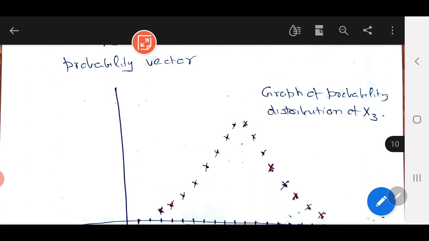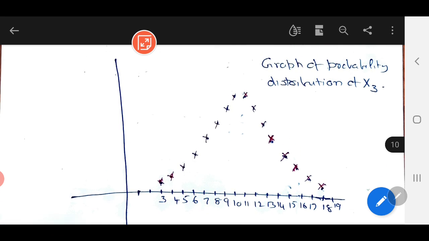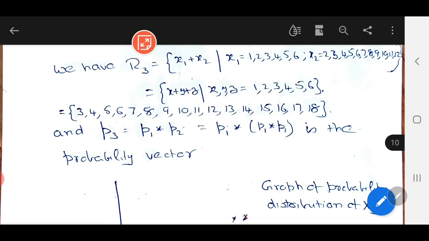R3 here has 3, 4, 5, 6, 7, 8, 9, all the values till 18. If you add three numbers between 1 and 6, the least is 3 and the highest is 18. And for that, if you plot the distribution, how am I getting P3? P1 star P2. And what is P2? P2 is P1 star P1.